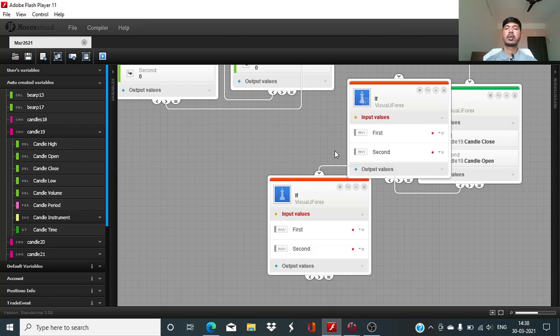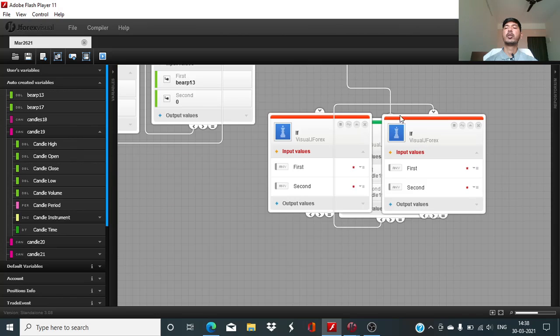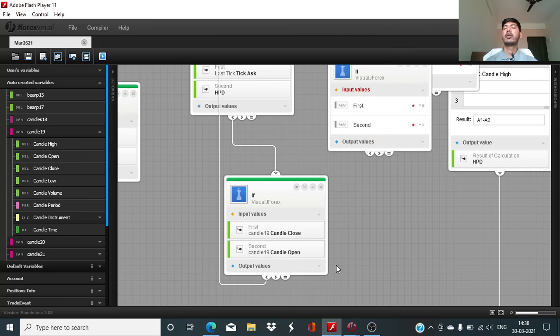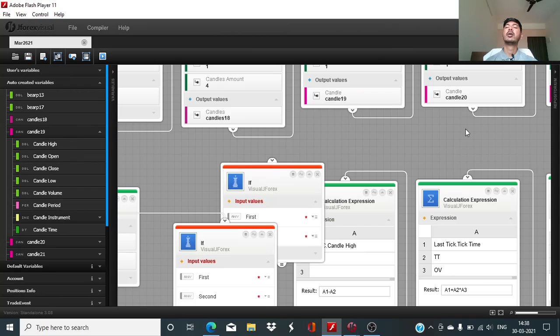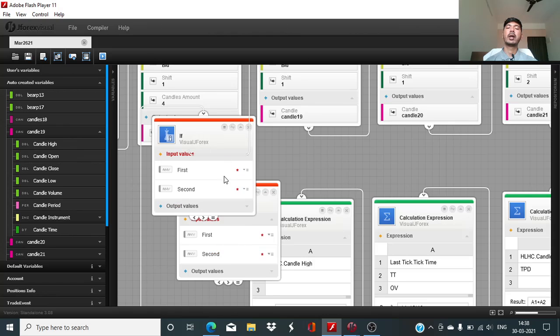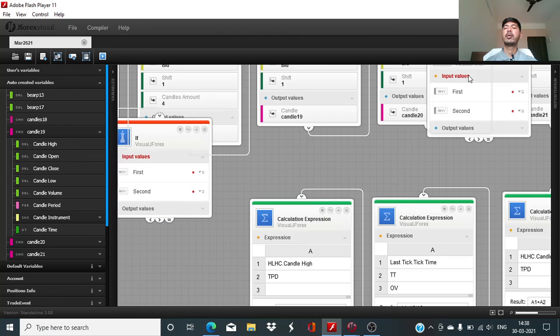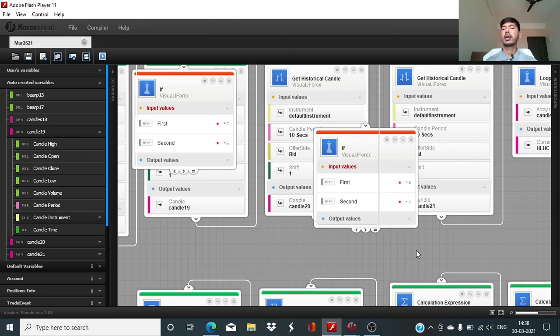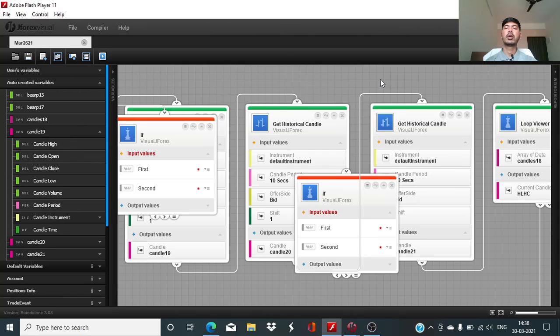And then comes the pinpointing of the entry point, and we want the price to start dipping below last hour's closing value. So again here we will need to compare candle 19's closing value with candle 20 and candle 21's closing values.